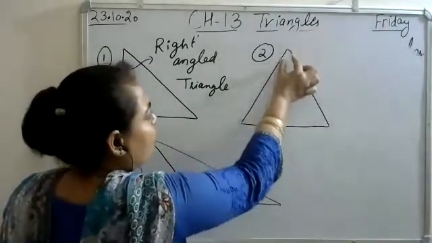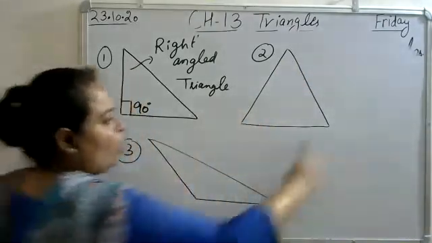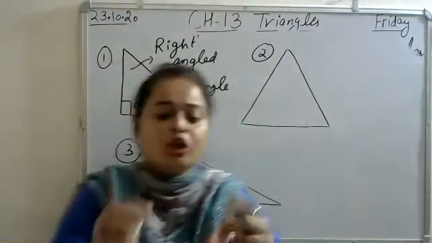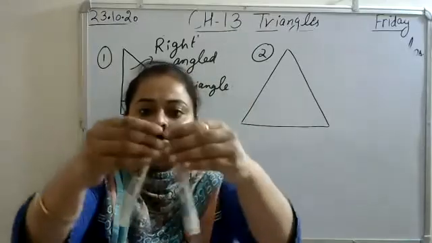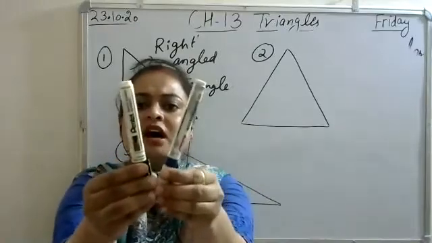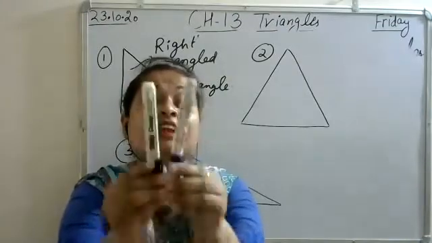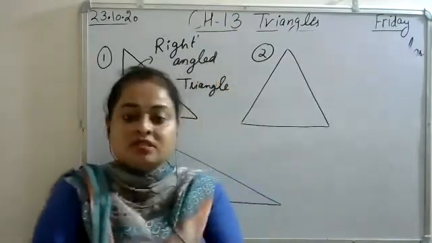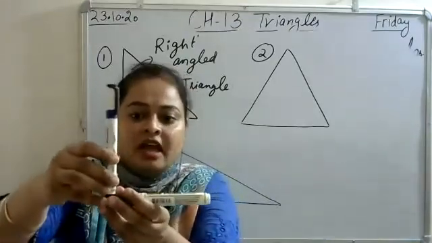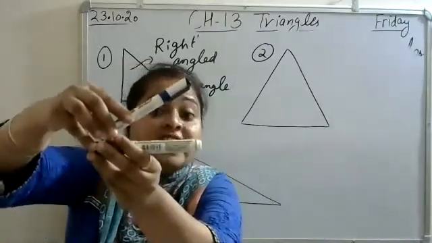Here you will observe V. On this corner you will observe V. Similarly on the right hand side corner you will observe V. Whenever you observe V at each and every corner, it means the angle is less than 90 degree, because this is 90 and V is formed less than 90.